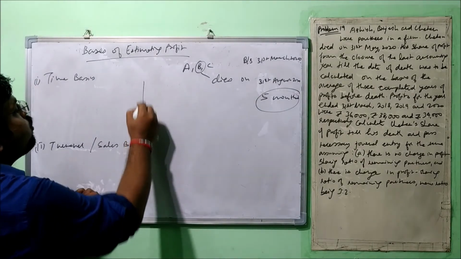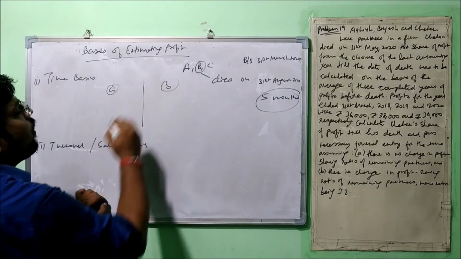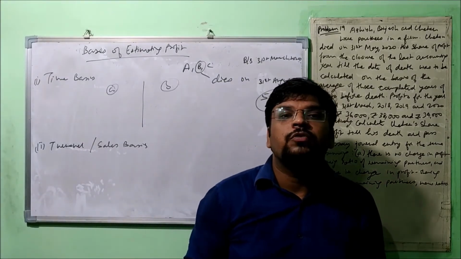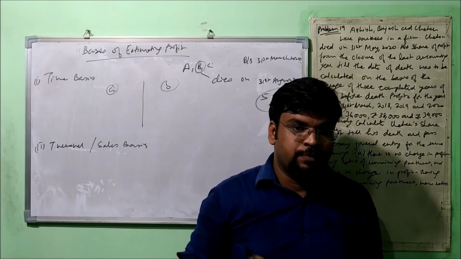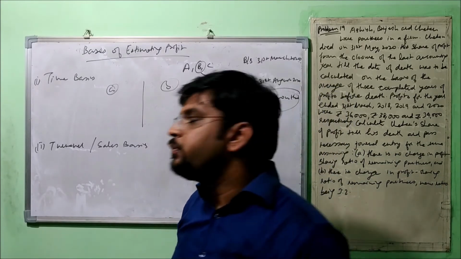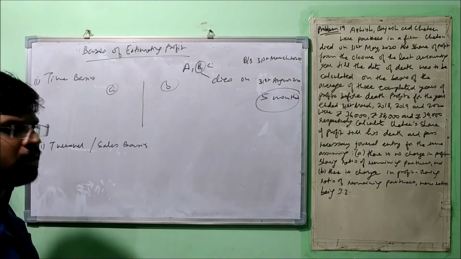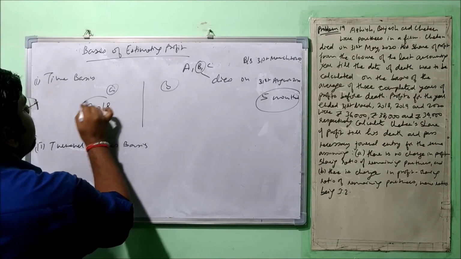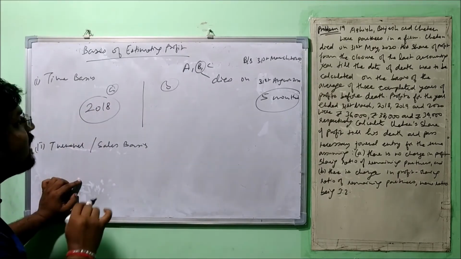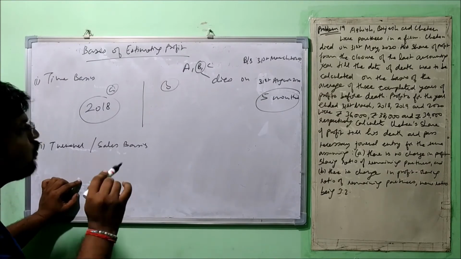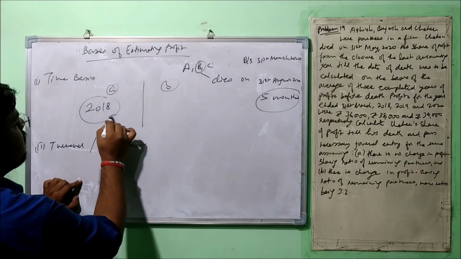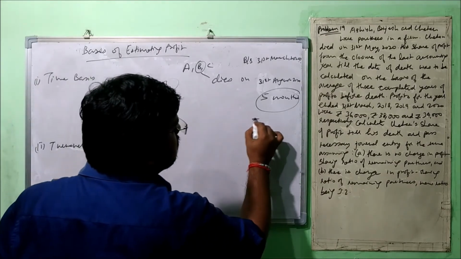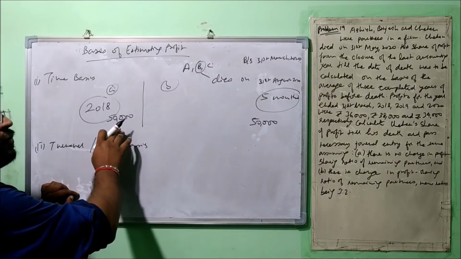So there can be two options here. One option: the other partners may decide that on the basis of any previous year's profit. Say for example, they have decided among each other that whatever profit they earned in 2018 will be the base. Say in 2018 they earned 50,000 as profit. So this 50,000 was there for the complete year.